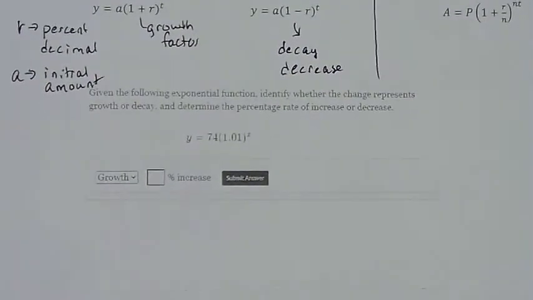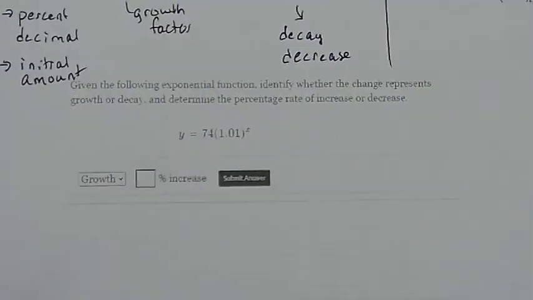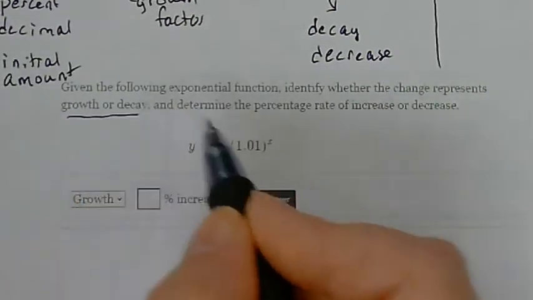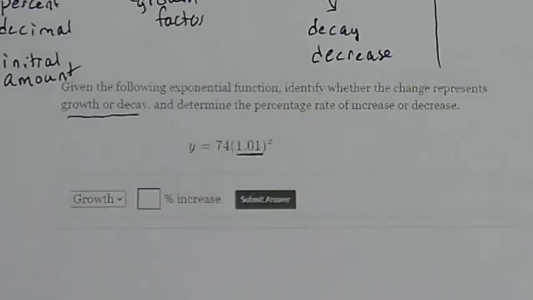So the first example on the notes, see if I can blow it up here. It says, given the following exponential function, identify whether the change represents a growth or decay and determine the percent rate of increase or decrease. So in order to tell if it's growth or decay, I have to look at this.